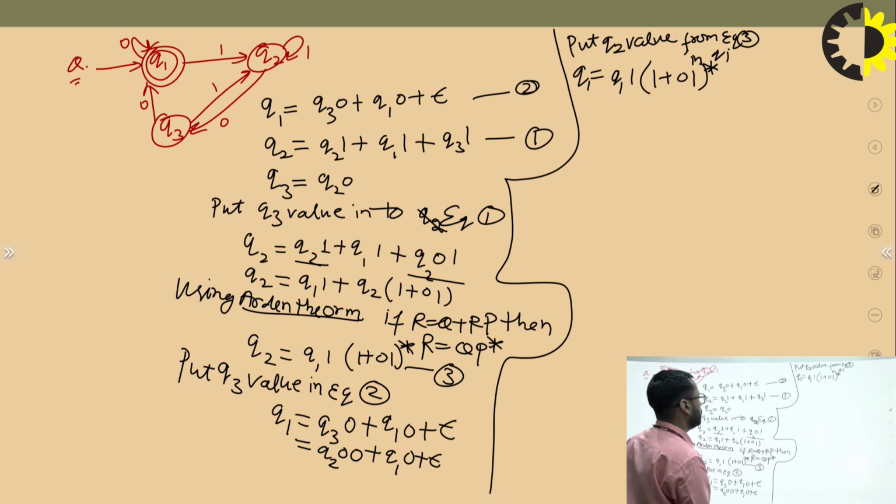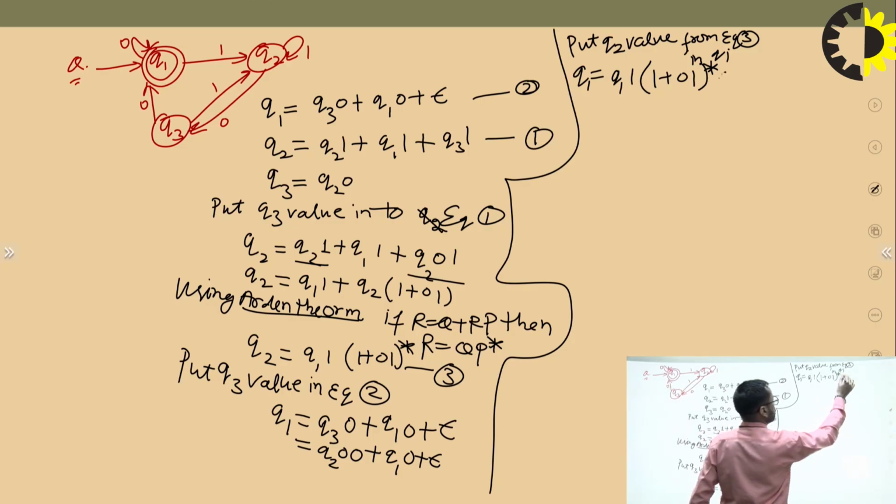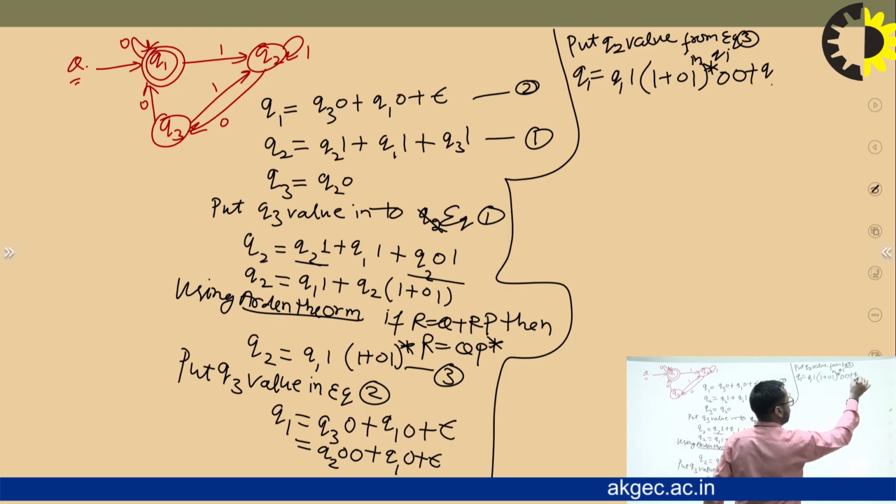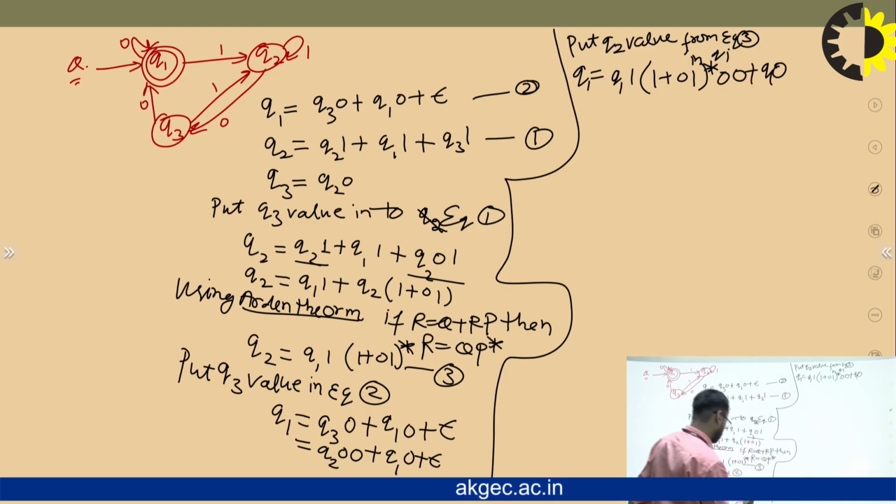So the resultant will be Q1 1 plus 0, 0 0 plus Q1 0 plus epsilon.